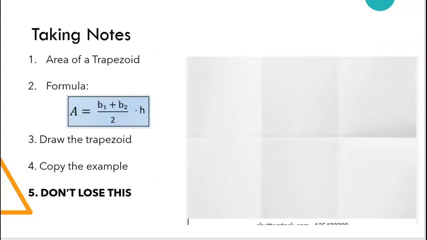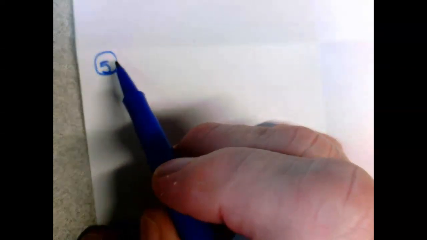Okay, so I want you to get out your note-taking device, what we've been using for our notes. Get something to write with, and we're going to add this to our notes. We're going to put a number 5 in this bottom corner.